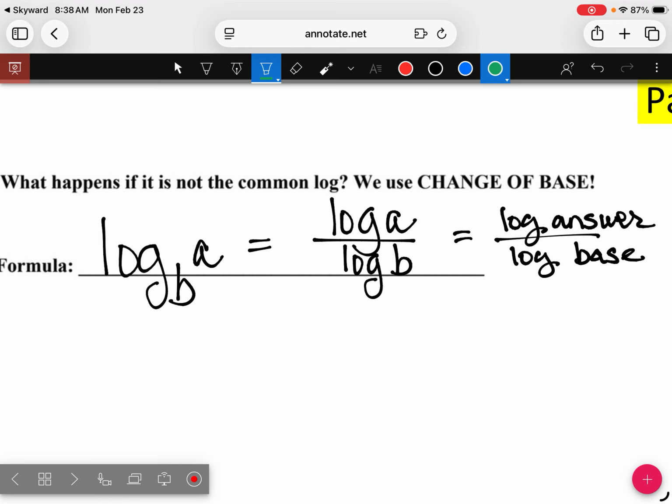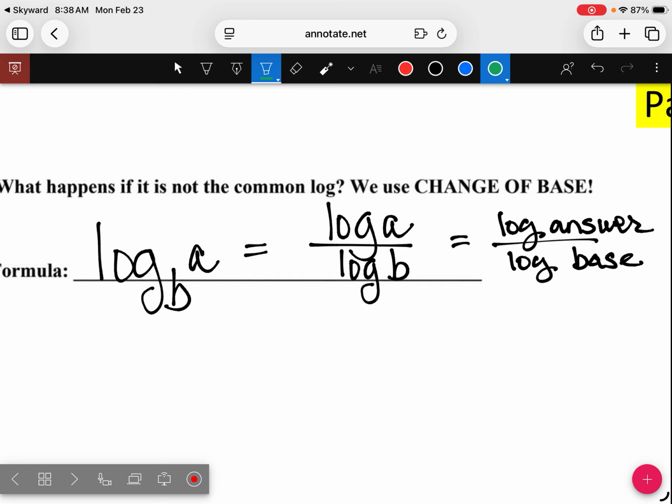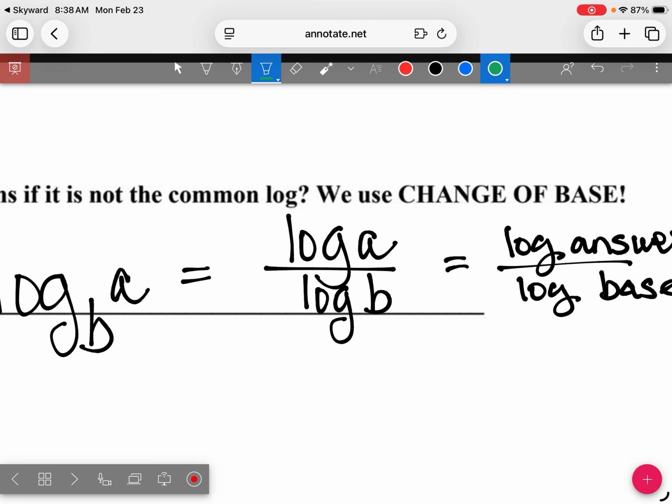So basically, you have log base of an answer. And in order to figure out, because remember, a log is asking you for the exponent, you're going to type in log of A, which is your answer, and divide that by the log of the base.